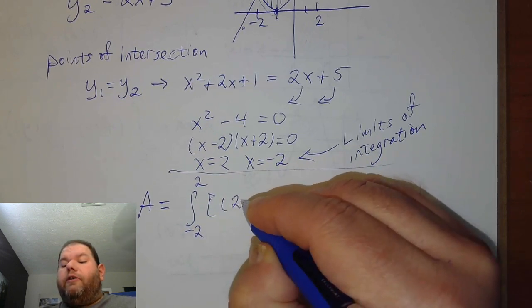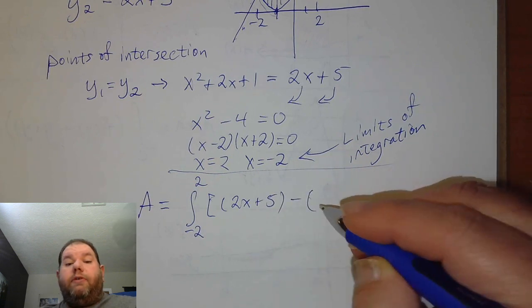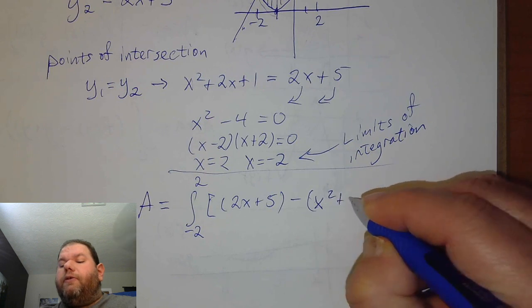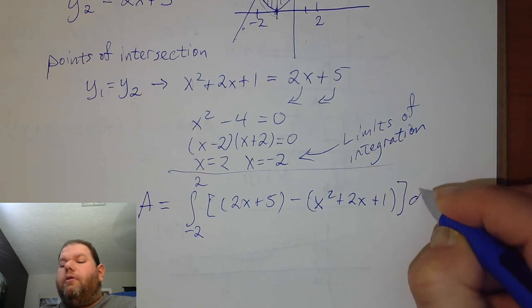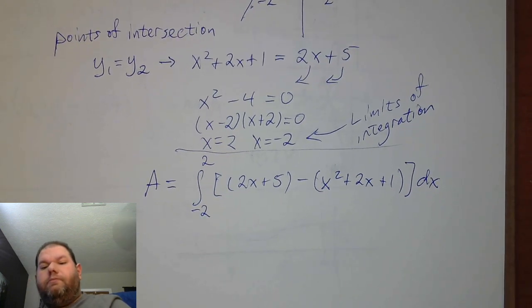So that'll be 2x plus 5. And from that, we want to subtract y1, which is x squared plus 2x plus 1.